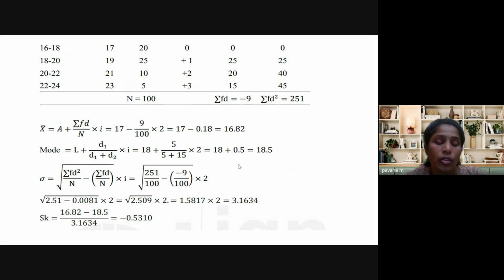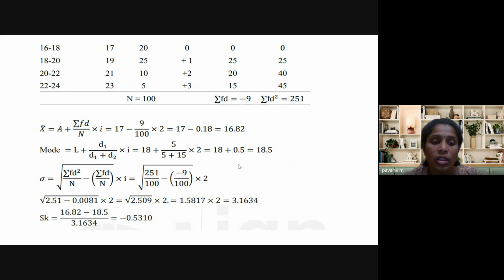The formula is root over sigma fd square by n minus (sigma fd by n) whole square, into I. We already calculated sigma fd square as 251, n is 100, and sigma fd is minus 9. If you calculate that formula, you will get sigma equal to 3.1634.